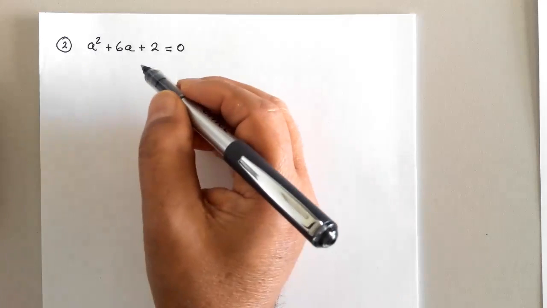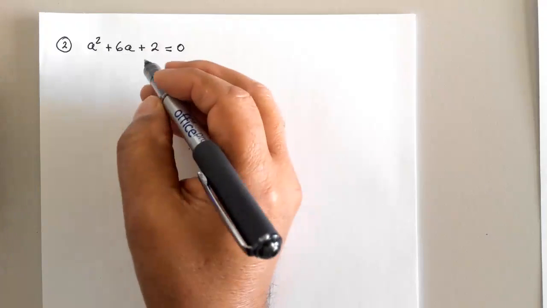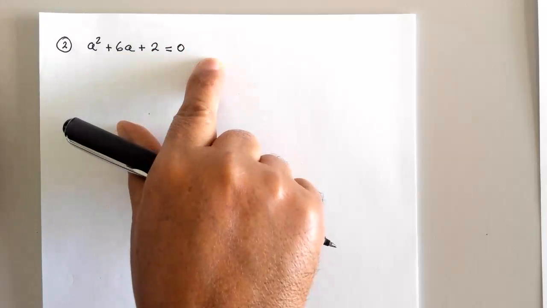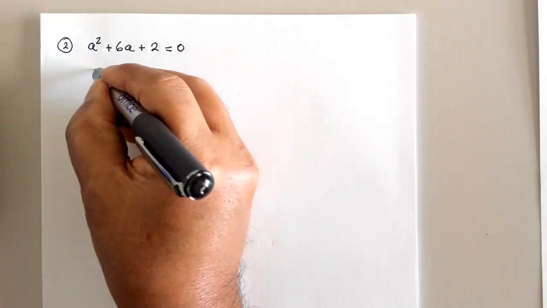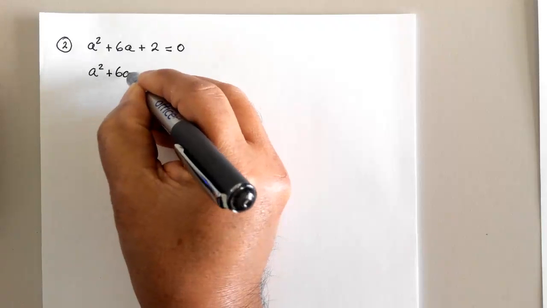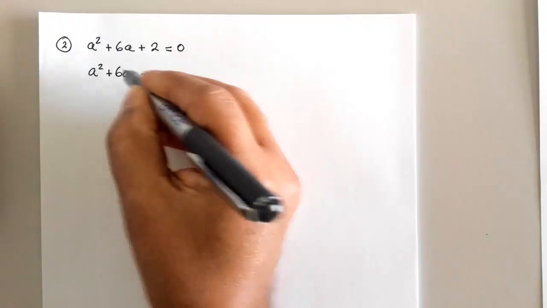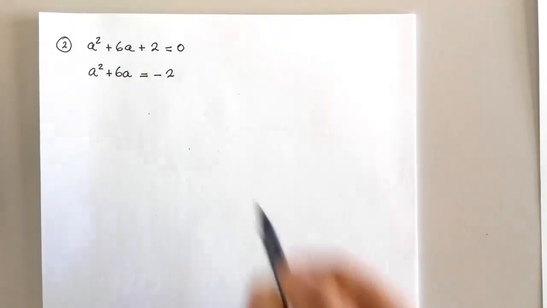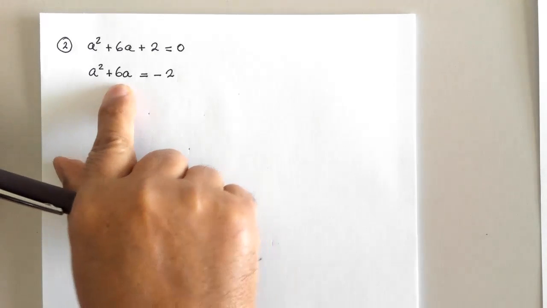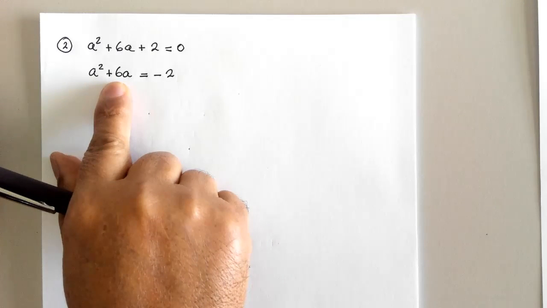Okay, so step number 1, I say we need to move this 2 over to the other side. So we're gonna get rid of that 2 and clear the way for that one. So we're gonna put negative 2. Okay, and then we're gonna divide 6 by 2.